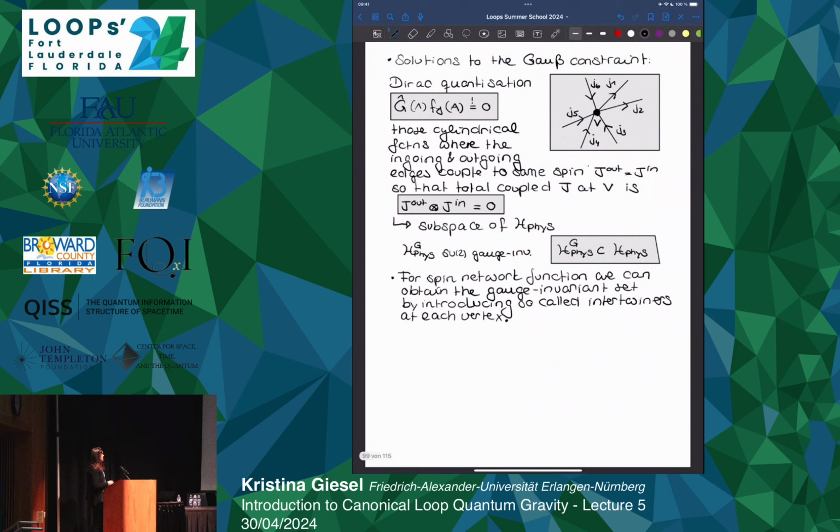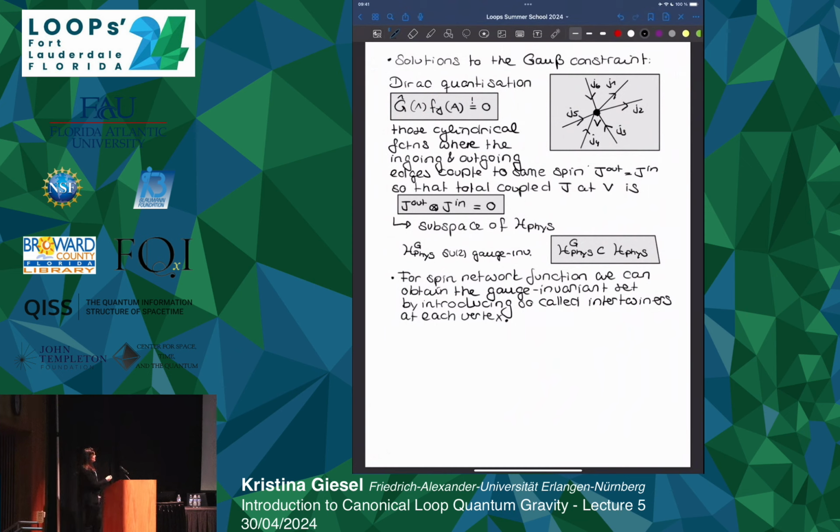And now, as we want to apply Dirac quantization here, I had to quantize this; this job is done. Now we are looking for solutions of this Dirac quantized constraint. So we are looking for cylindrical functions which are annihilated by this Gauss constraint operator. And Francesca was already telling in her lecture that this is related to the coupling of the momenta of the spins.